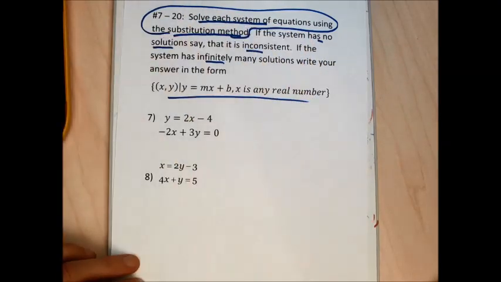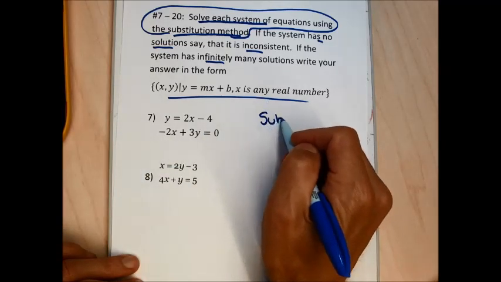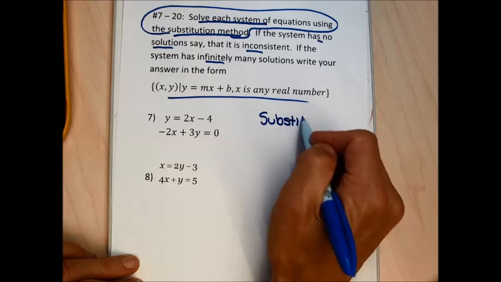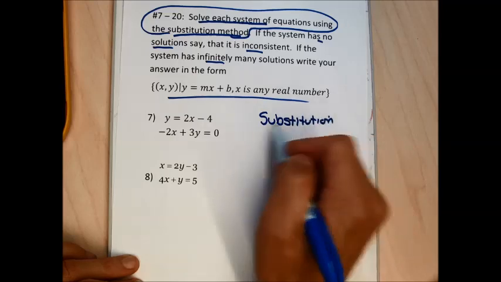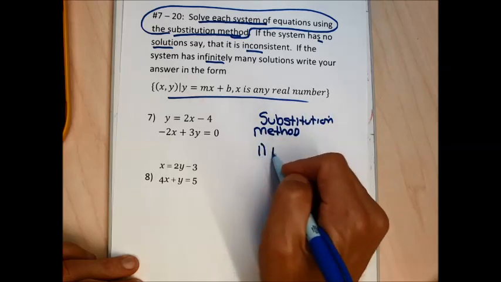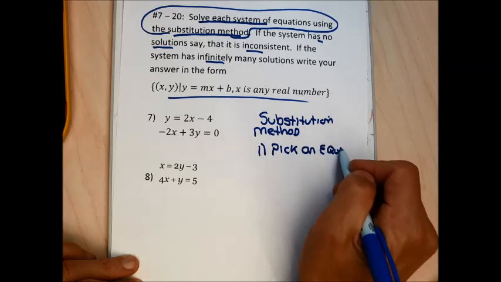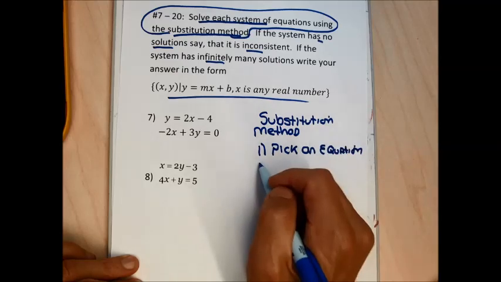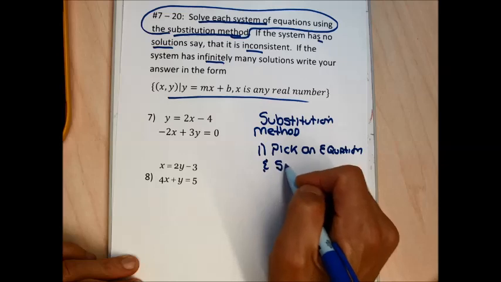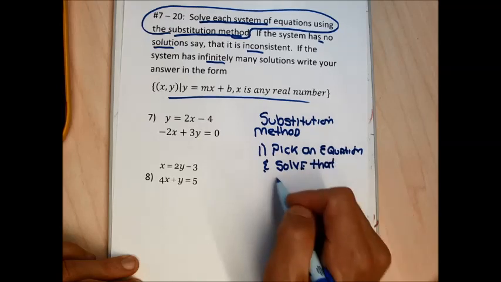The substitution method involves solving one of the equations for one of the letters and substituting it in the other equation. So to do the substitution method, you need to pick an equation. Could be the top equation or the bottom equation. And solve that equation for a letter, if it's not already done.